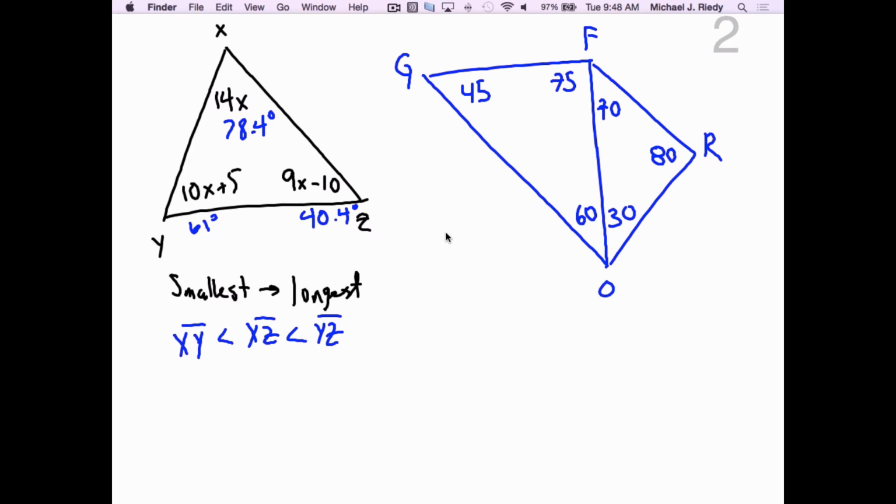Okay, so angle G, which is 45, is also opposite of FO. And so that's why FO is not the longest, because G, which is 45, is also opposite. But that's not the case with GO or OG, the original gangster. FO is the longest side of the triangle FRO, but then FO is also the smallest side of triangle GFO.